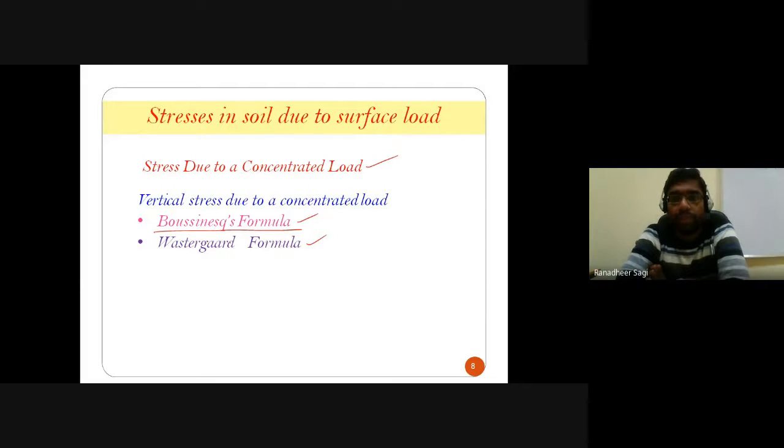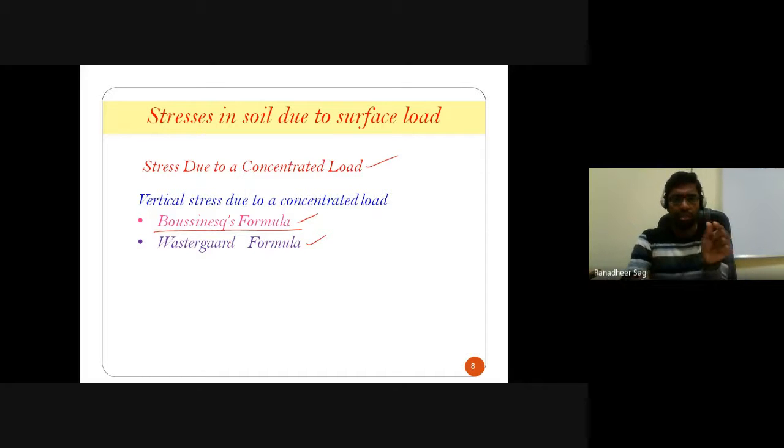Okay, and what could be the classical example for your line load? Let's say in the case of a railway track, if you look at your two rails running parallel to each other, the load coming from an individual rail, that member which is running continuously, onto the ground, is what is called your line load.